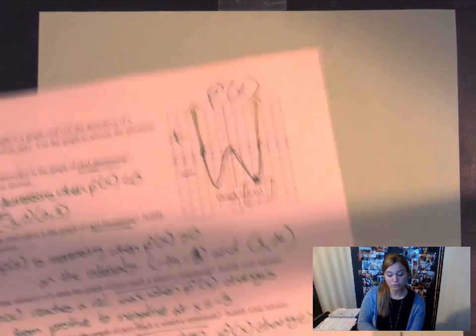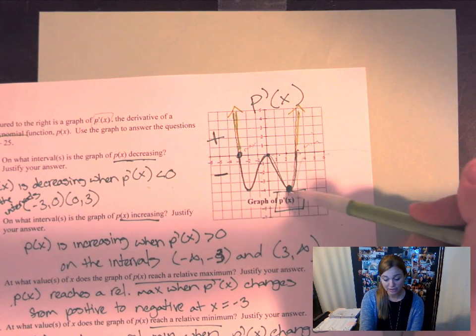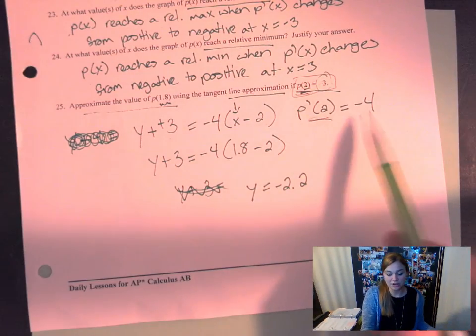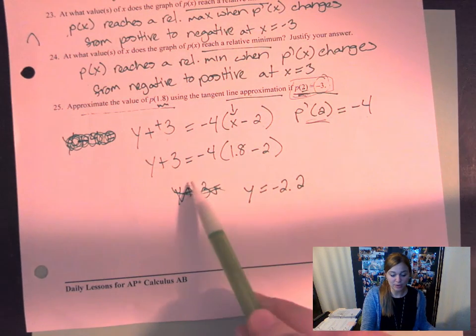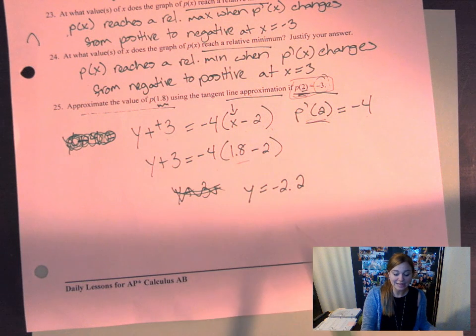P prime of 2, this is a graph of p prime. P prime of 2 is at -4. It's just a point on the graph, which is where this is coming from. y minus y1 is equal to m times x minus x1. Then you can substitute in 1.8 and solve that.